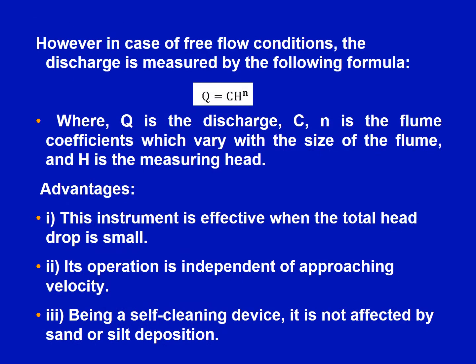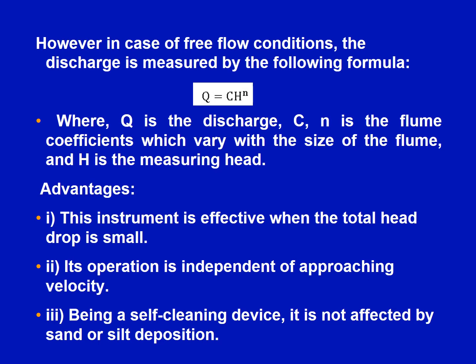Or if we don't have that calibrated curve, we can measure the discharge by this equation also. So discharge is C h raised to n, in which C and n are coefficients which depend on the size, h, and various other conditions.